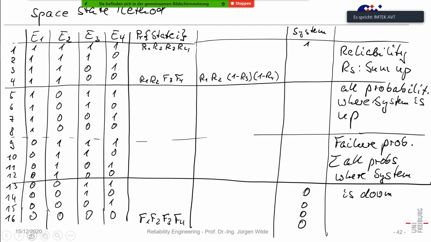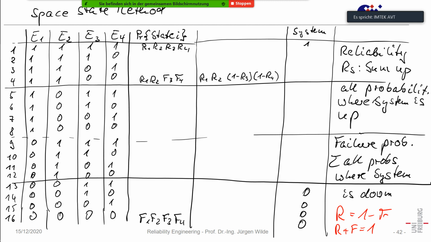And of course, you must always keep in mind R is 1 minus F. That means R plus F is 1. Okay, in that way you can do it. You can solve that whole thing.